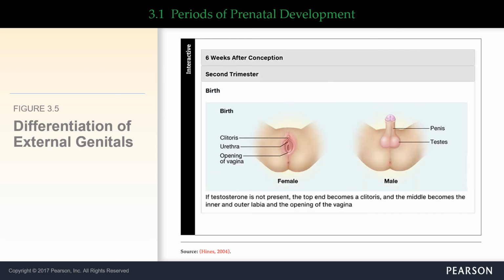And then by birth, if testosterone is not present, the top end becomes a clitoris, and the middle becomes the inner and outer labia and the opening of the vagina. And so you can see that it's absorbed in.